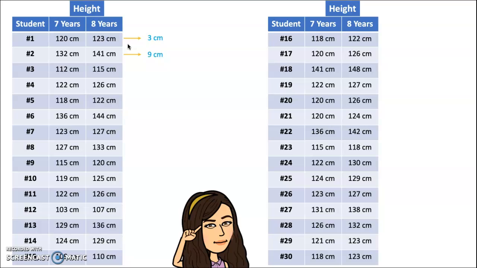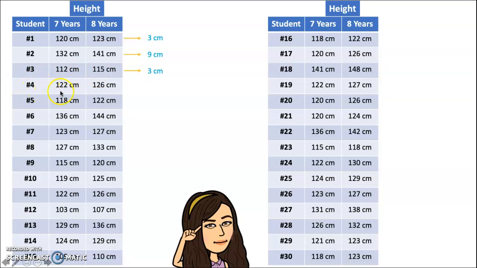Let's look at student number 3. Student number 3 used to be 112 centimeters tall, and then she grew just a little bit, and now she is 115 centimeters tall. So how many centimeters taller is she now? Student number 3 is 3 centimeters taller.